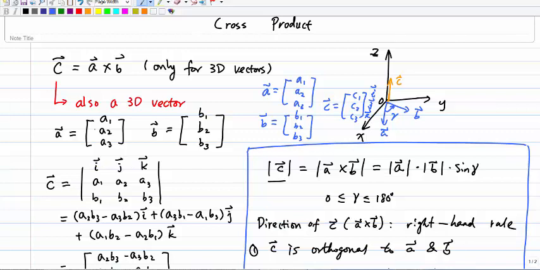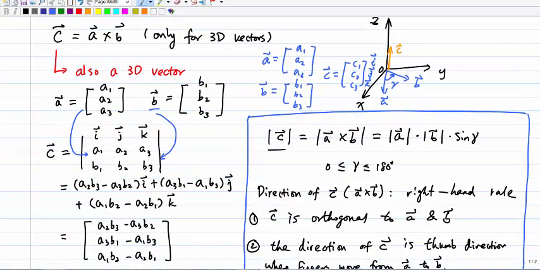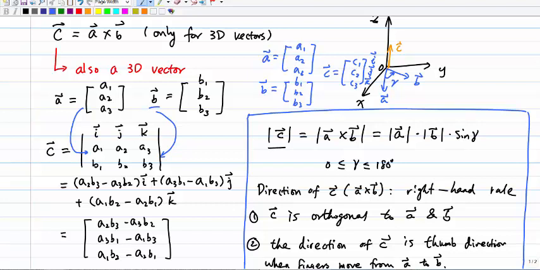The second row will be the first vector that appears in the cross product, which is A, so I put A1, A2, A3 as a row. Because the second vector in my cross product is B, I put B as the last row. So we compute the cross product as a determinant.